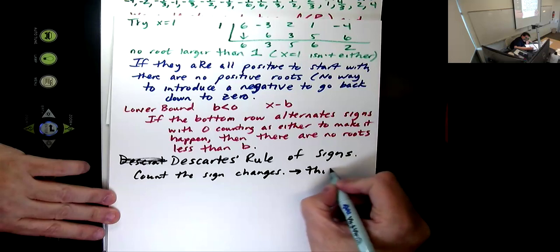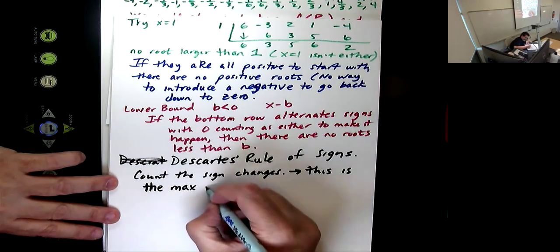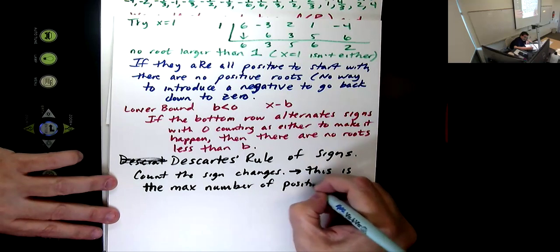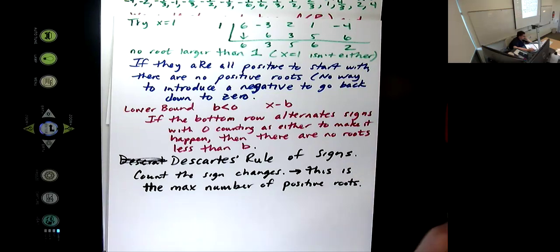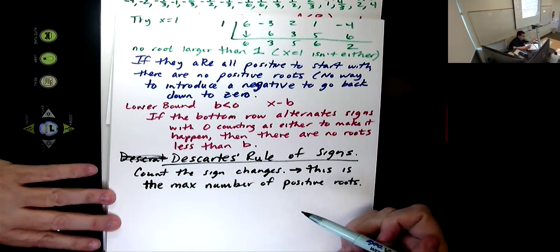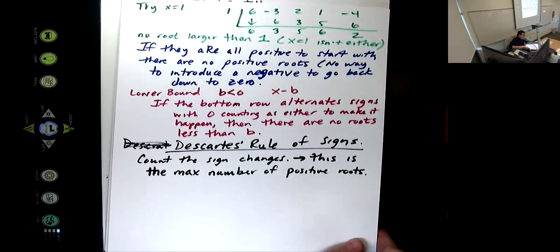This is the maximum number of positive roots. So how many times does this function change signs?